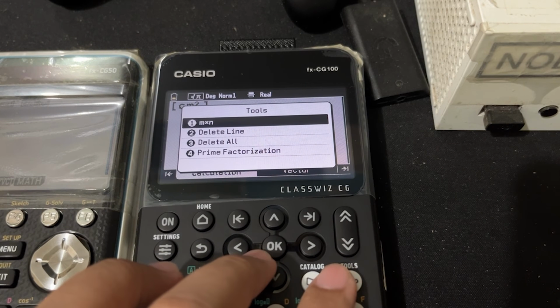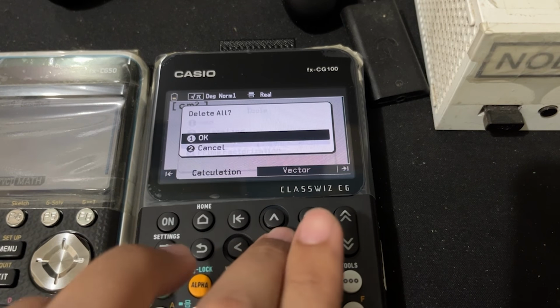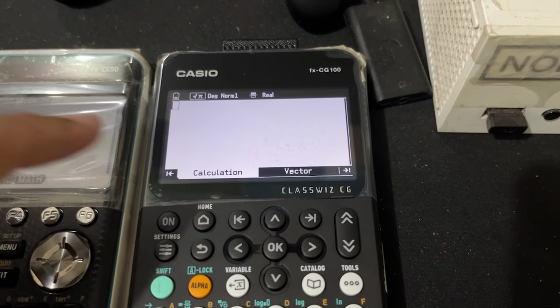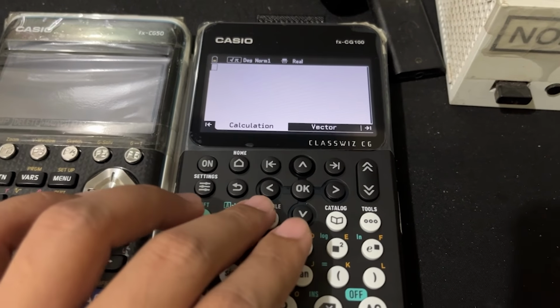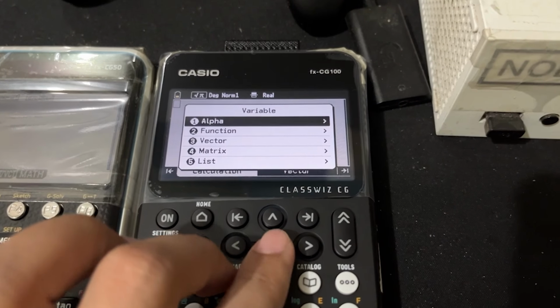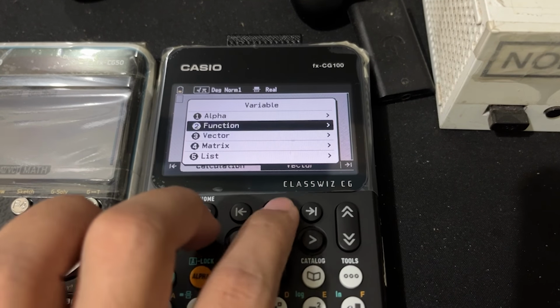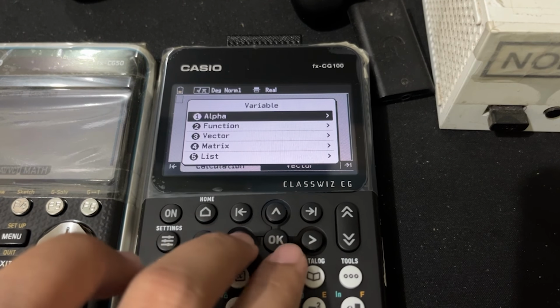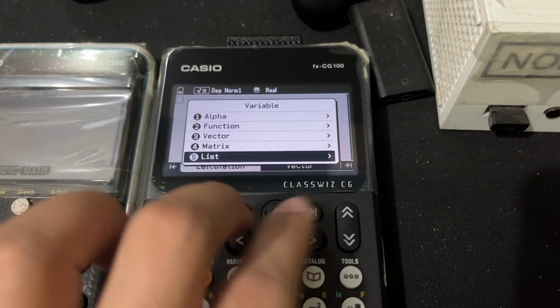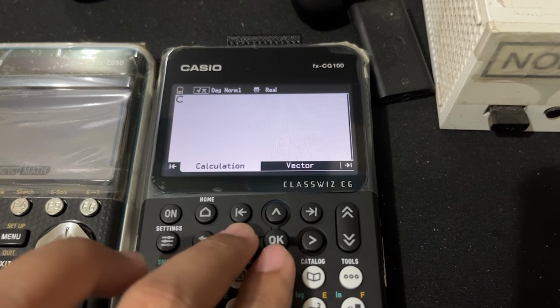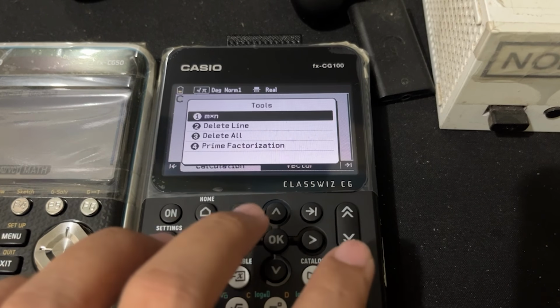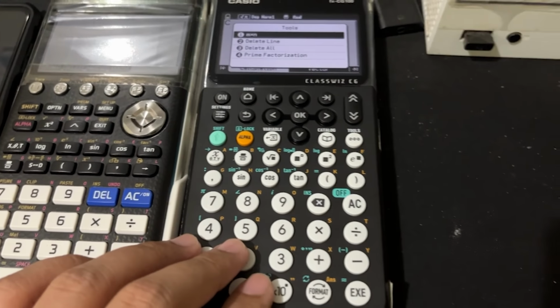You have tools, you have delete all. Okay, so how does it work in calculators? The variable, yeah, this is alpha, ABC. You need alpha, like A B C like this, and it's hard to type.